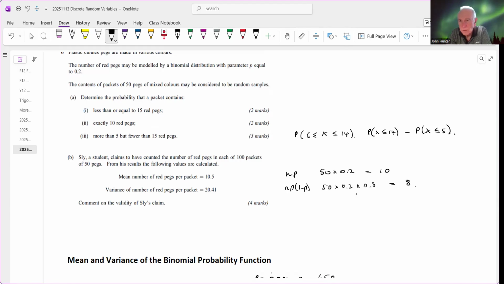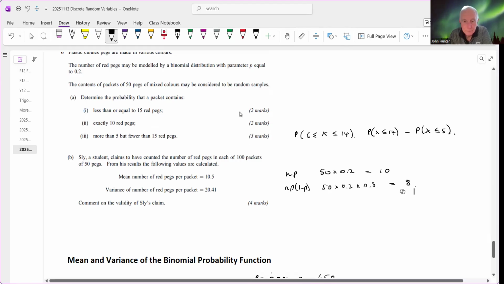So his variance looks a bit skewed, really. I mean, he's calculated it, but it doesn't really support the theoretical value. I think that's all we can say.